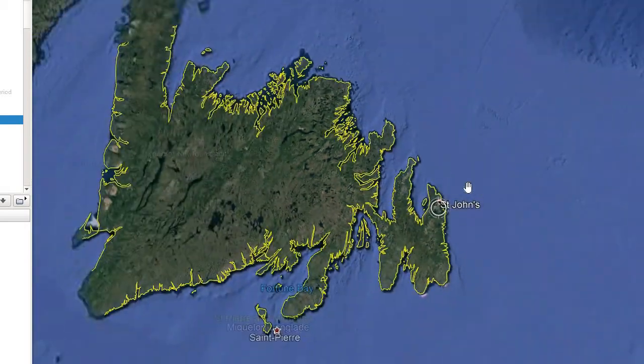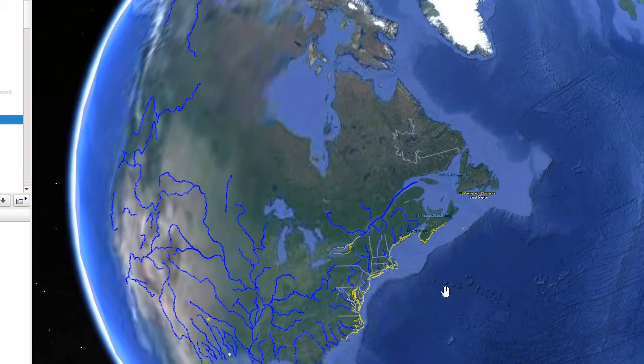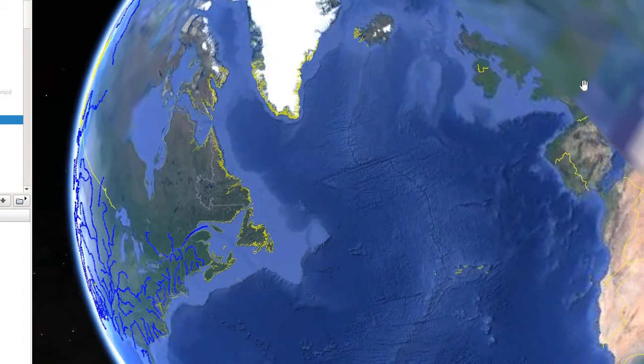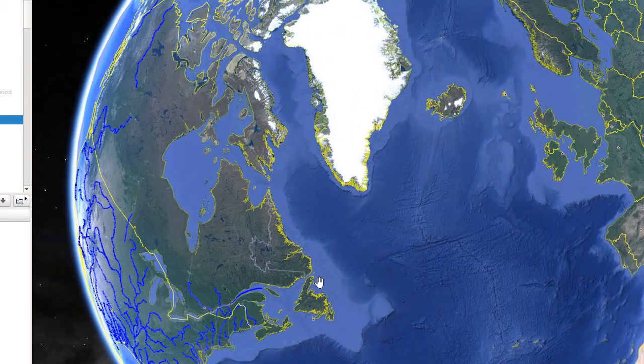And so we can understand why this might have been an early English colony if we zoom back out and see what's going on across the globe here. What was drawing people to this area was the cod in these Grand Banks. Here's England over here, and you can see England and Ireland are also surrounded by a continental shelf here.